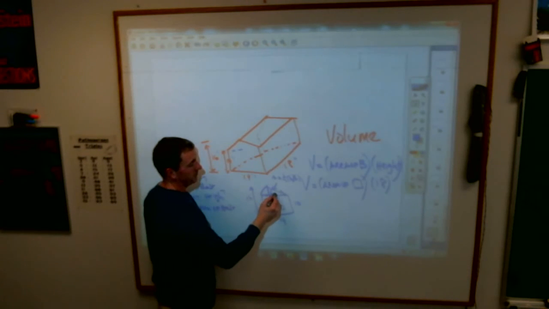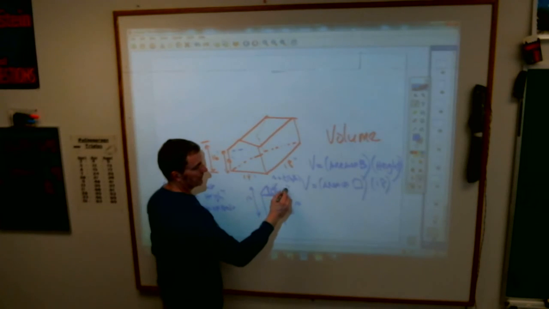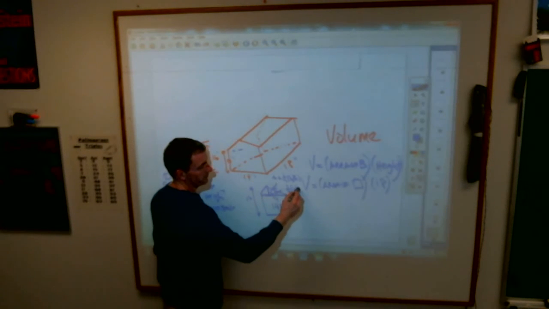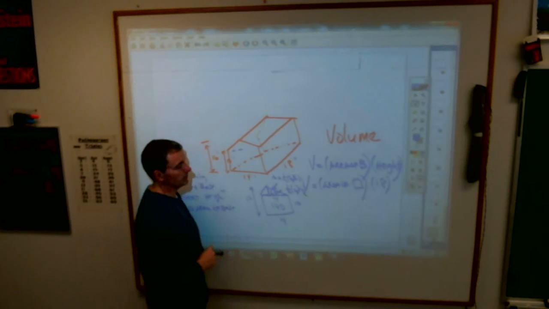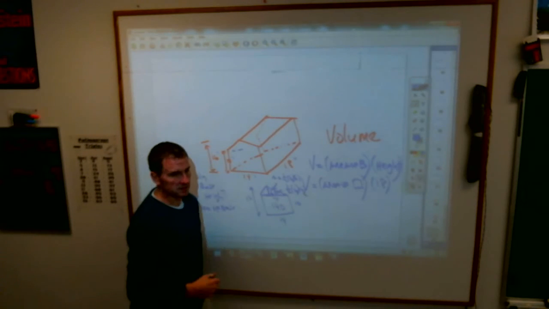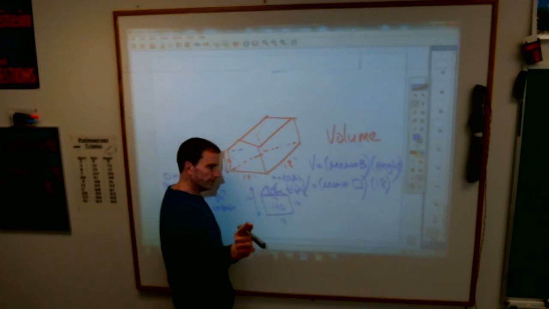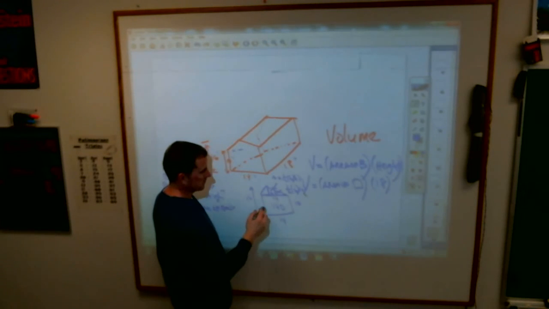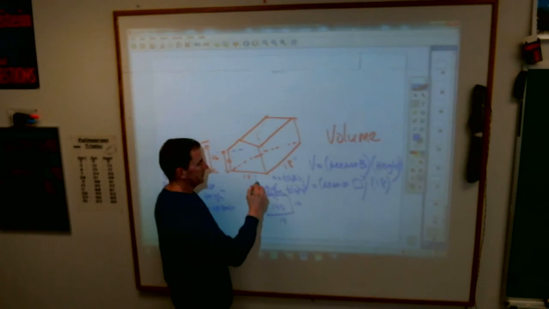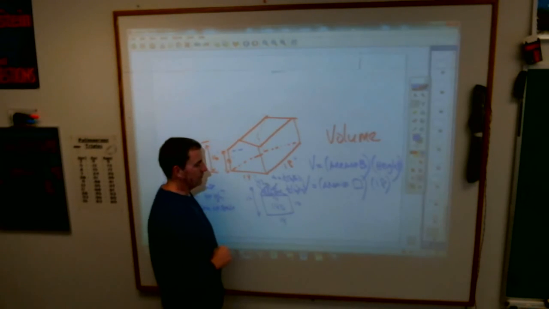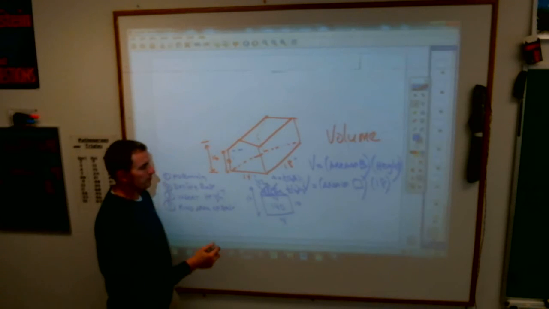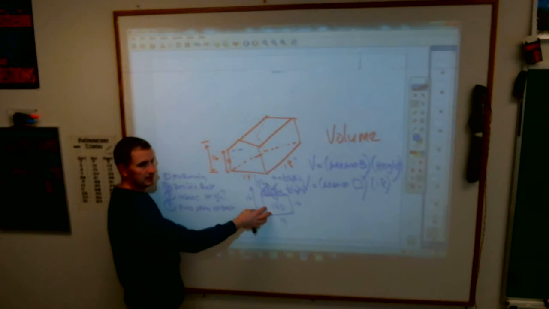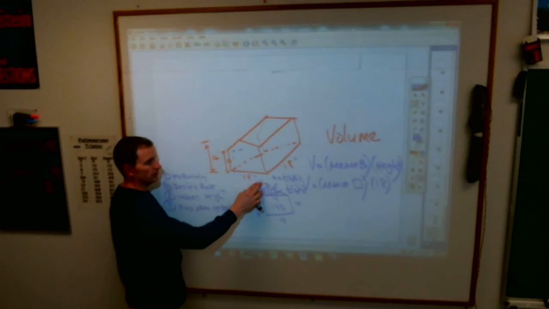So what's the area of my triangle? 6 times 14 cut in half. 7 times 6, half of 14 is 7. 7 times 6 is 42. And then what's the area of my whole pentagonal shape? Well, 140 plus 42 is?